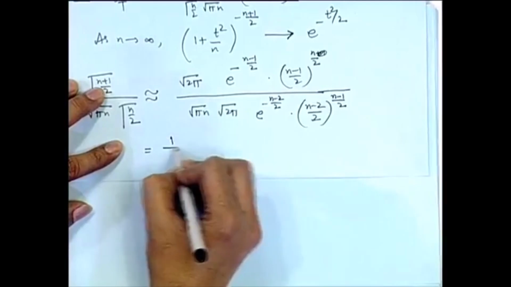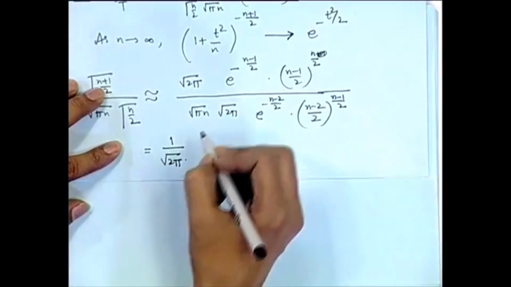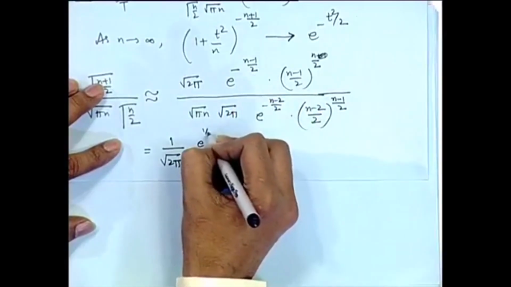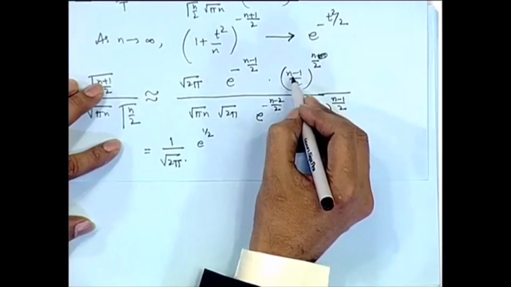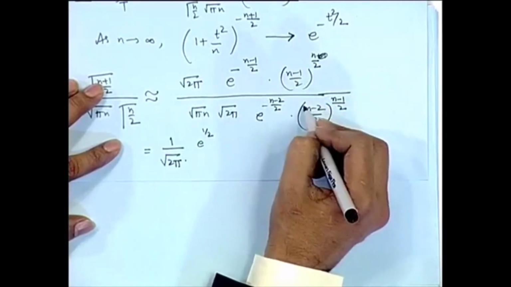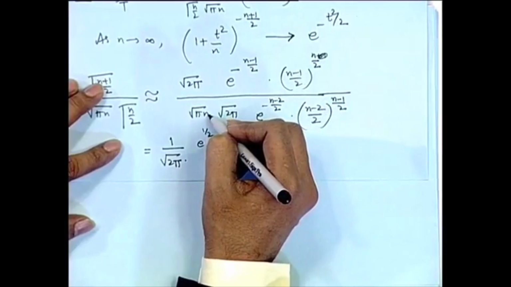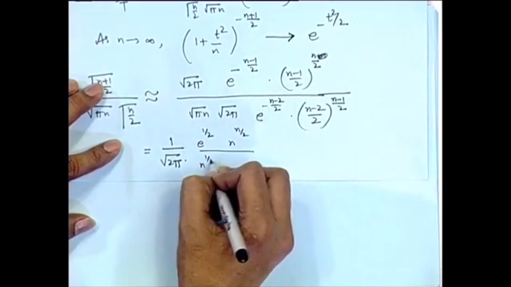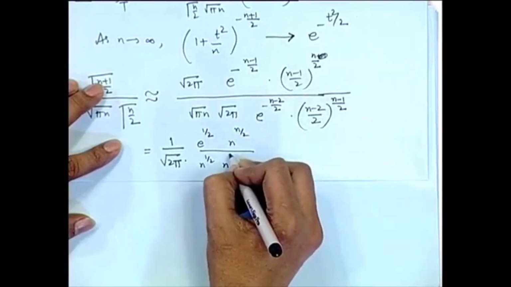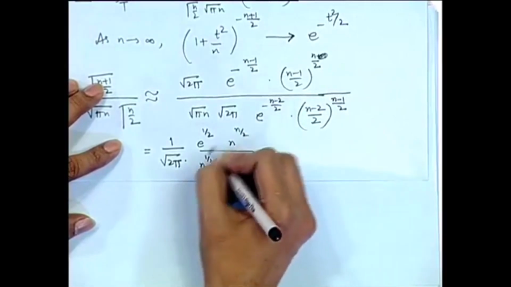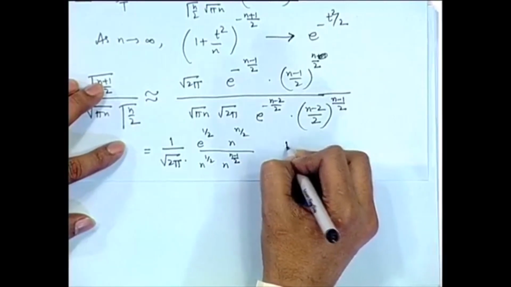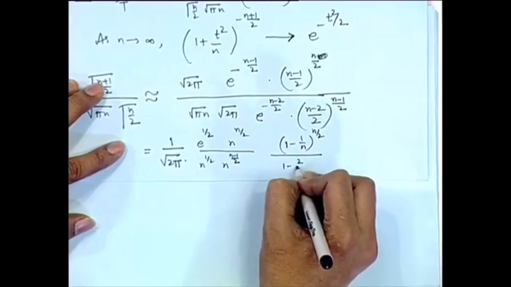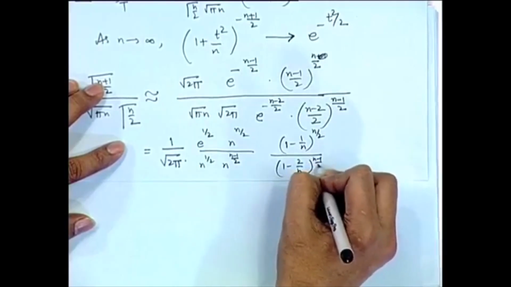So, this is giving rise to 1 by root 2 pi, and then we get this e to the power half, and here I can take common n in the numerator and denominator. Those terms get cancelled out, that is n to the power n/2 in the numerator, and in the denominator I have n to the power half and n to the power (n-1)/2. So, all these terms get cancelled out and you are left with (1 - 1/n) to the power n/2 divided by (1 - 2/n) to the power (n-1)/2.